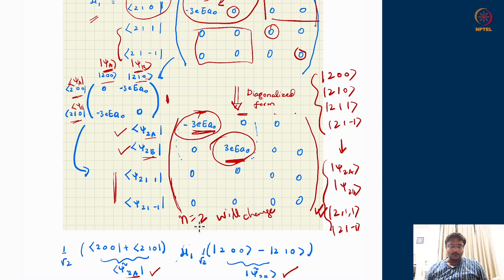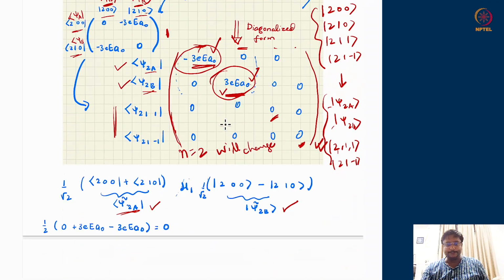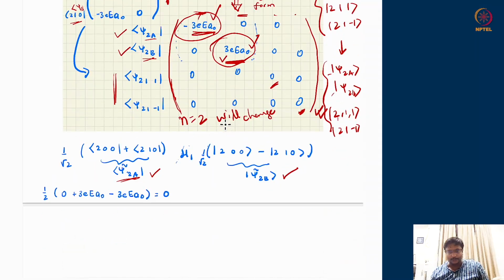But for n equal to 2, it will change for 2 of them, and for the other 2 it will not change. For 1 of them, it will go up by the amount 3e a naught, and for 1 of them, it will go down by minus 3e a naught. So if I draw it pictorially, previously there were 4 states, one over each other.